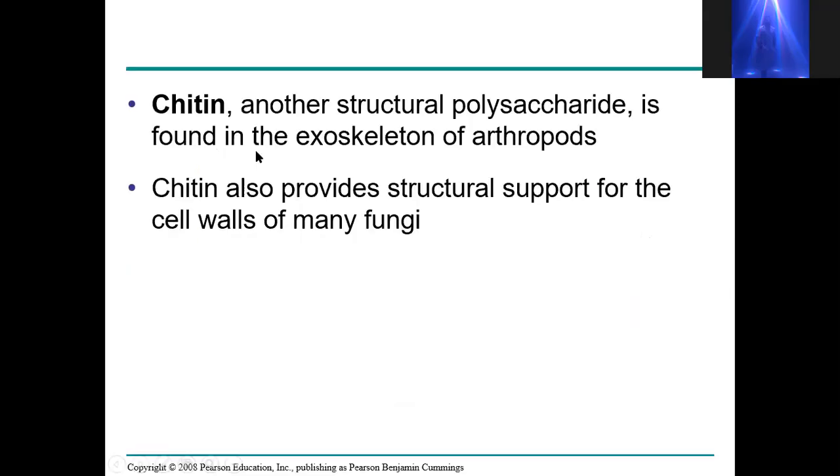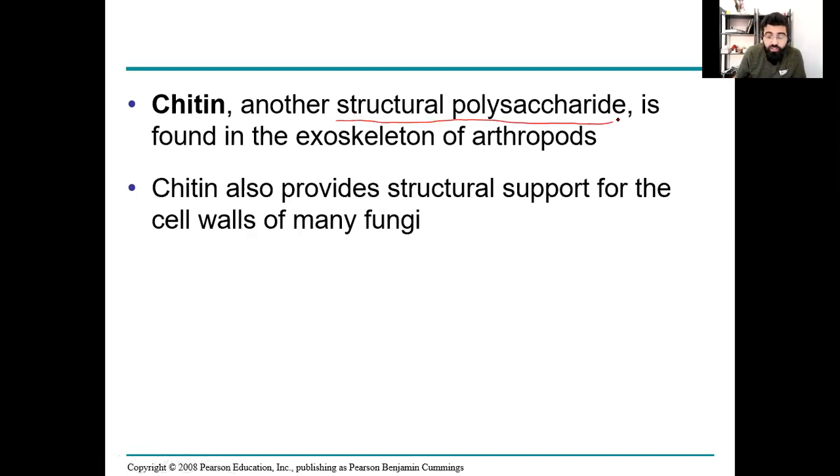Okay, chitin. Have you heard about chitin? Chitin is a tough carbohydrate, a structural polysaccharide. Now we just said cellulose is structural, meaning it is used to make the structure of the cell wall in a plant cell.